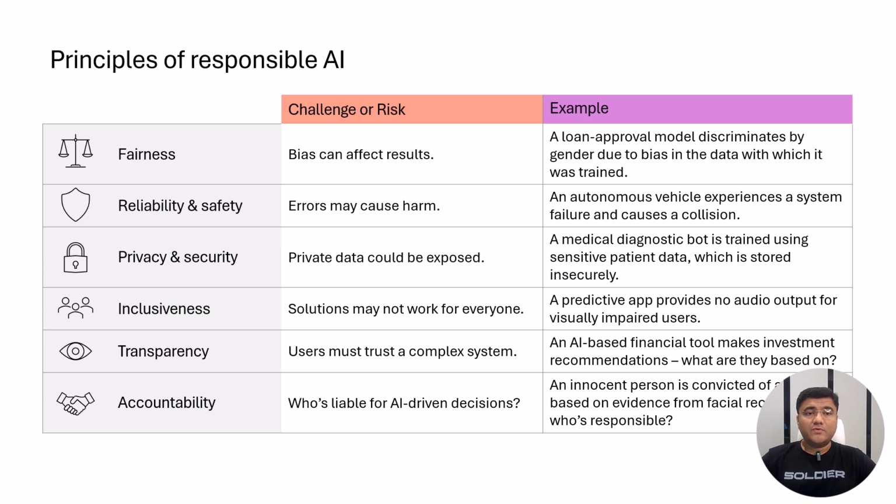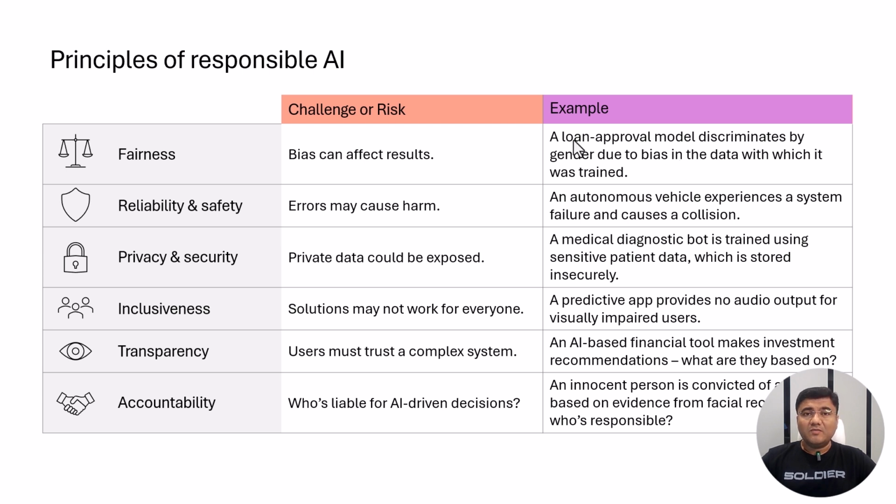Now, there are 6 different principles of responsible AI which are available on screen right now, which you need to be very aware of, and you need to use AI wisely using these principles. That's the reason you need to understand this properly. Fairness is talking about that your AI system should not be biased. They're giving you an example of everything on the right side.